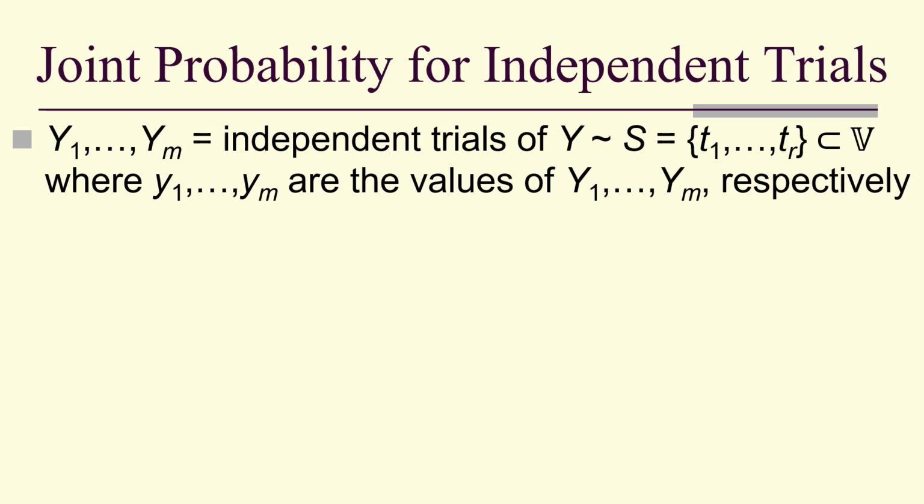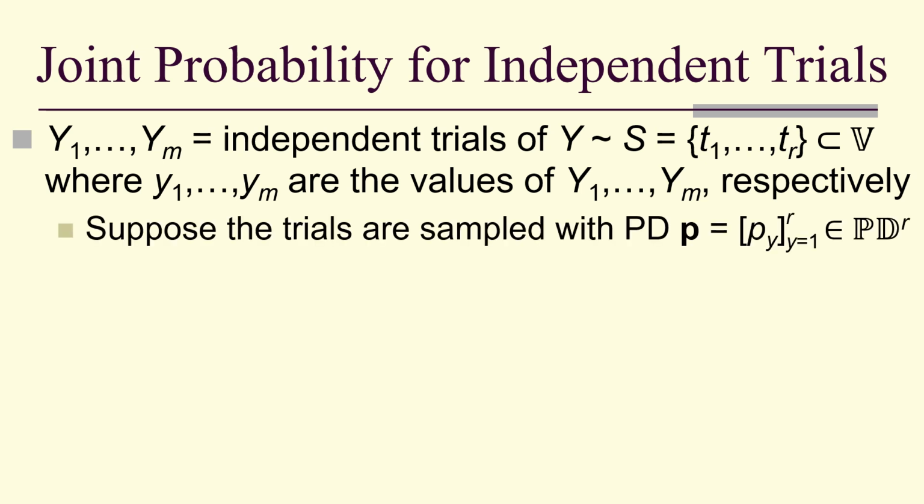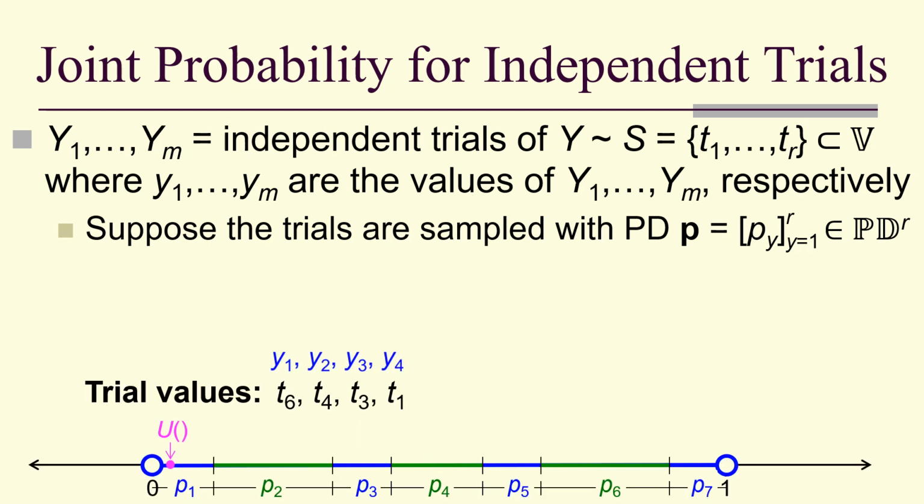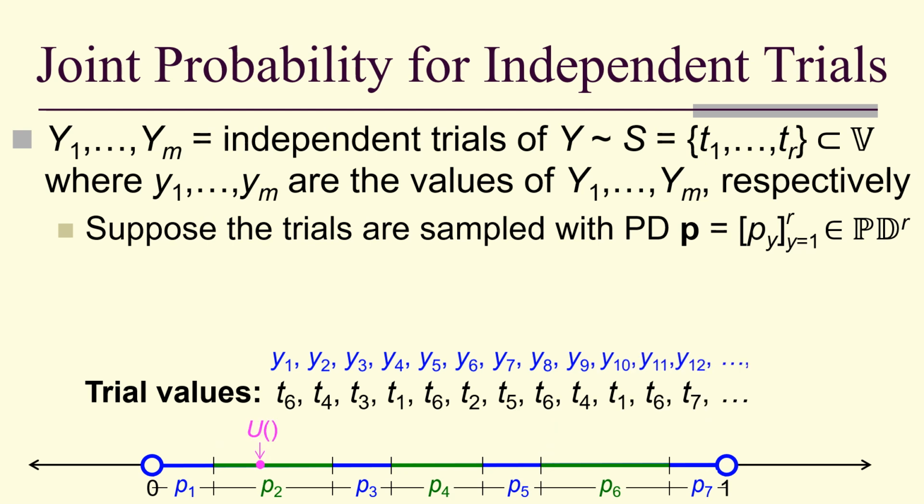So to do so, let's look at joint probability for independent trials. We've got capital Y1 to YM. These are independent trials of y associated with S. And little y1 to ym is our data set, the values of capital Y1 to YM. Now, if the trials are sampled with probability distribution P in the probability distribution space, then that means we can think of these values as coming from inverse transform sampling.